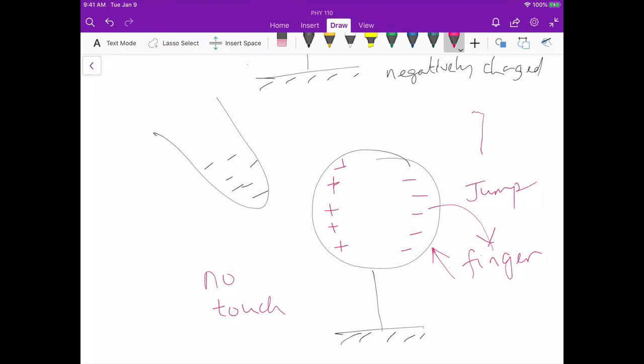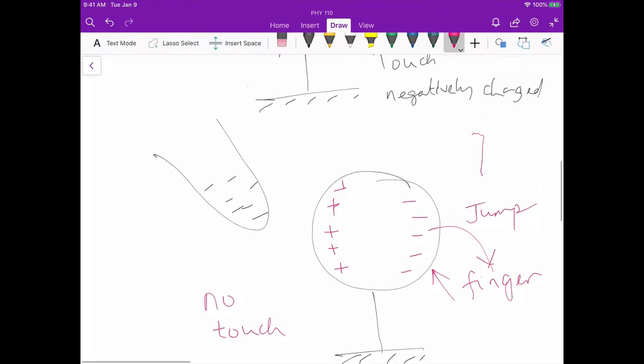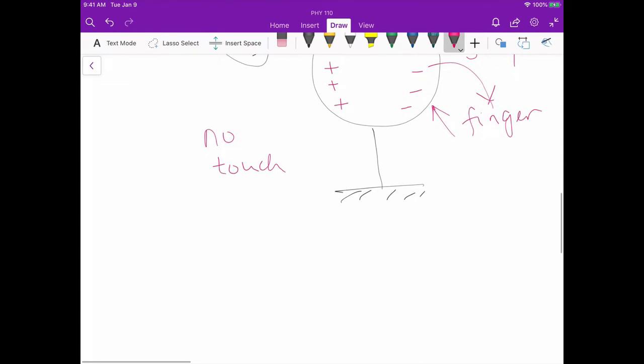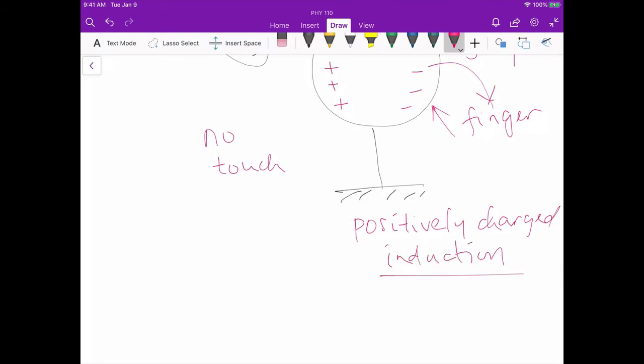You may consider yourself, and in general the Earth also, a tiny reservoir of electrons, or charged particles. All the negative charges jump into your body. To some extent you might not feel it, but sometimes you feel it as an electrostatic shock. When that happens, your metal is positively charged. That's by induction, because you didn't touch it with the negatively charged rubber.